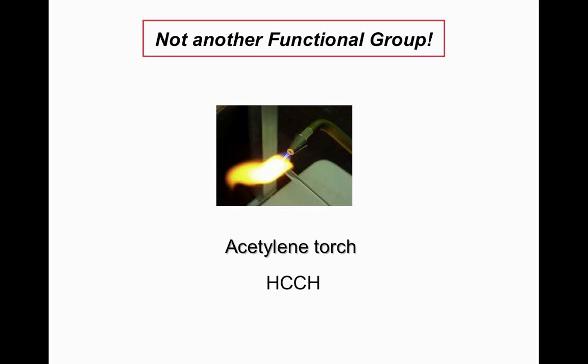These are called acetylene torches. As a matter of fact, you can buy them yourself at Home Depot to do small projects at home. Alkynes have a tremendous amount of energy stored in their triple bonds, which is released upon formation of water and carbon dioxide in a combustion reaction, which makes an alkyne functional group the fuel of choice in blowtorches.